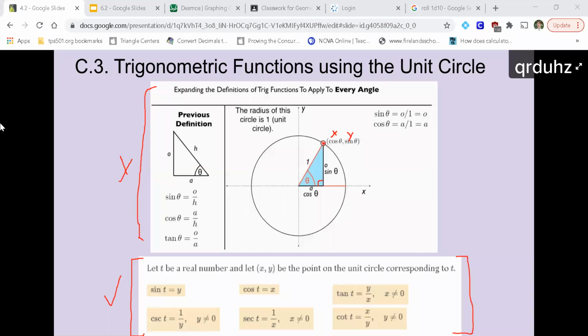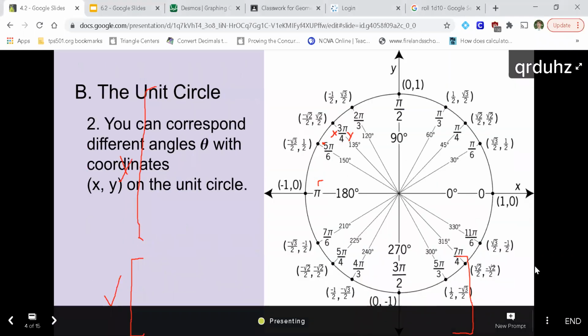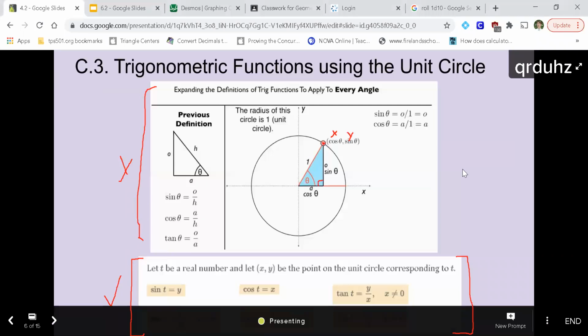All right, so that was a long lecture to get to these 6 formulas. Once you have these 6 formulas down, it actually becomes fairly easy to find your trig answers at different angles using these formulas and that reference chart that you should have a picture of.